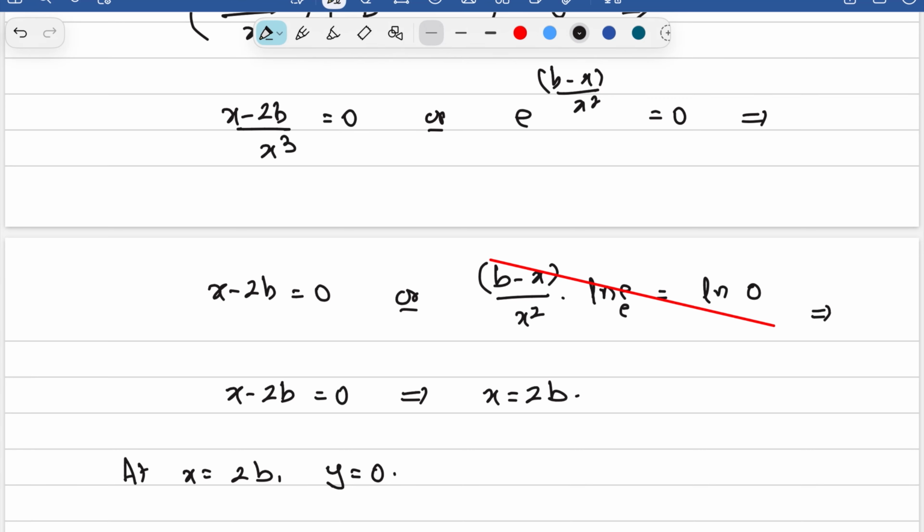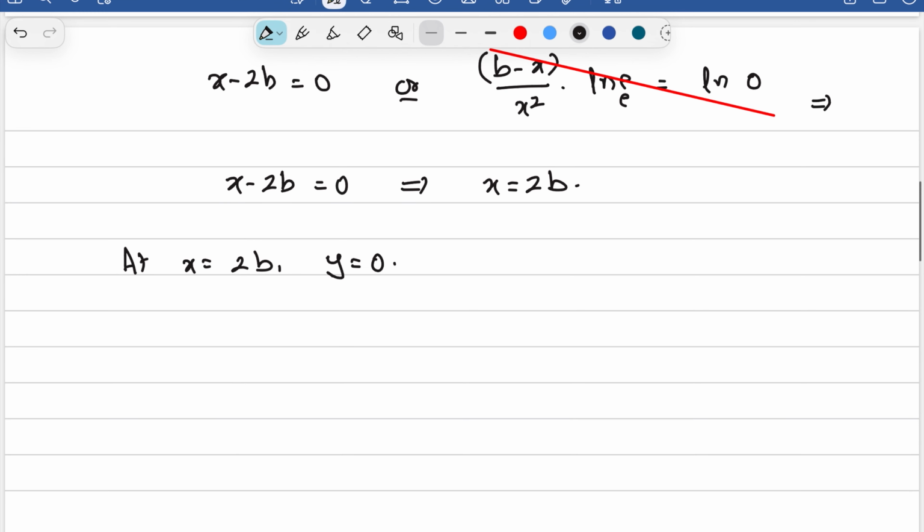What it means? That means at x is equal to 2b, the plot crosses or intersects the x-axis. Please try to understand how to draw the plots. This is x, this is y.